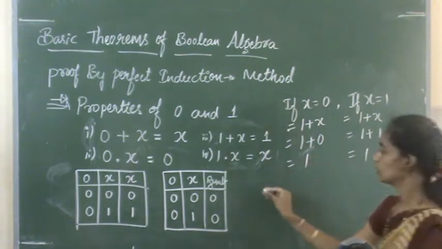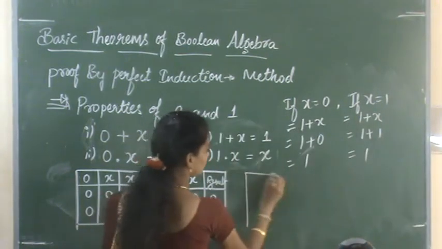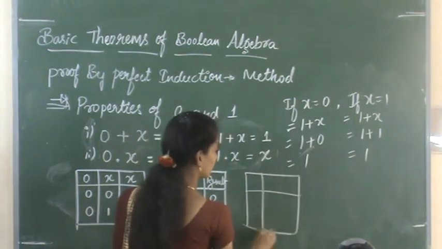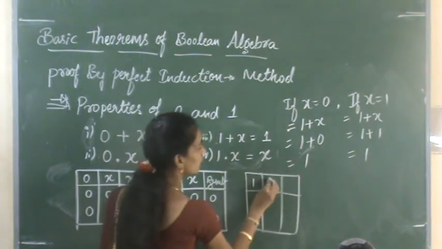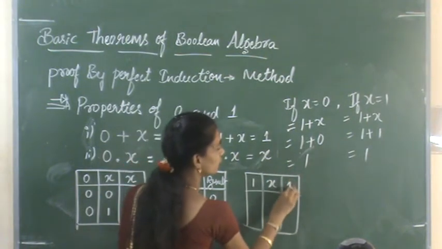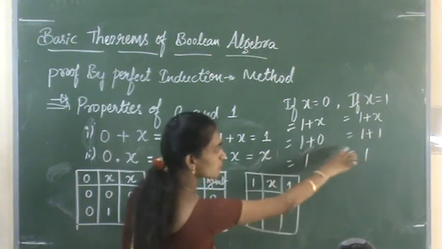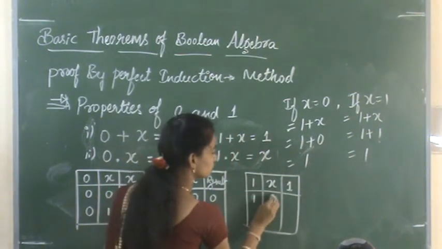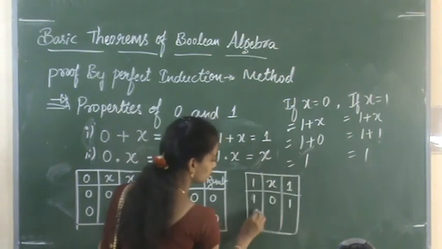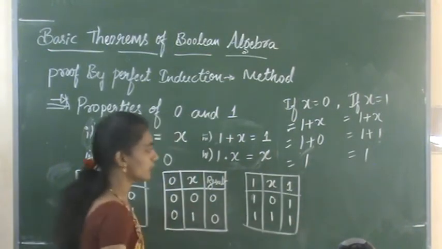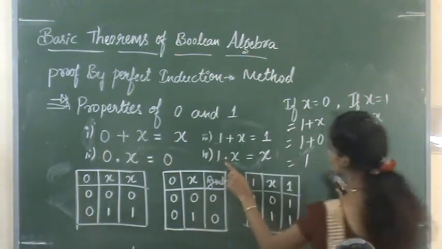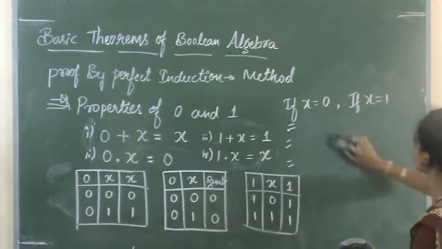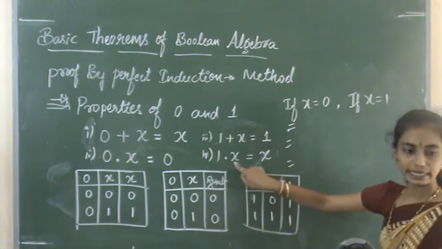So for this, 1 plus x, the output will be 1. So if I give 0 also, or if I give 1, the output will be 1 only. Okay. So next, 1 and x.